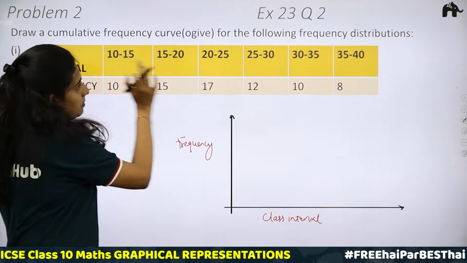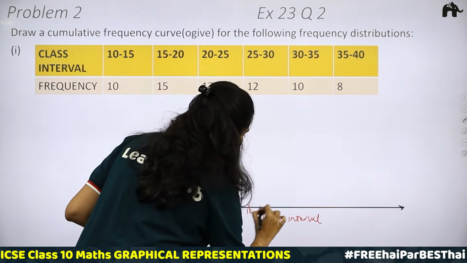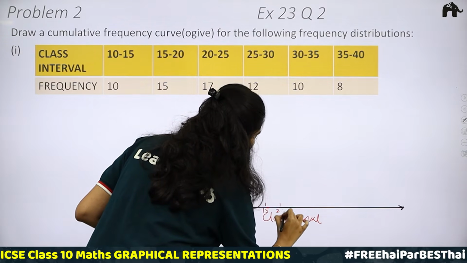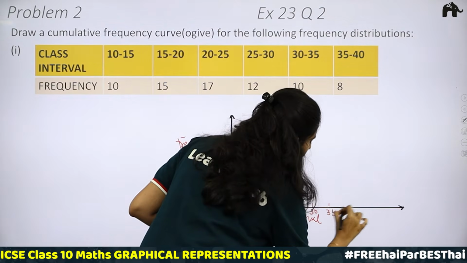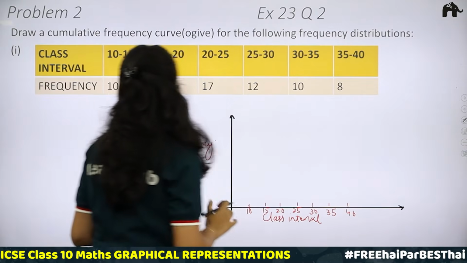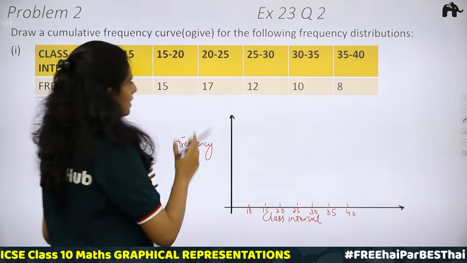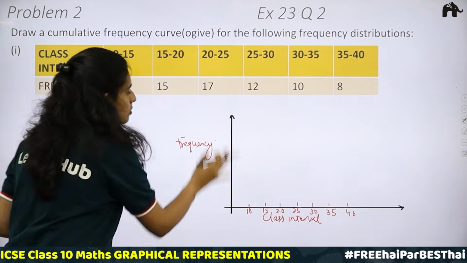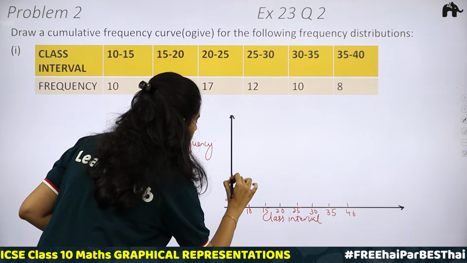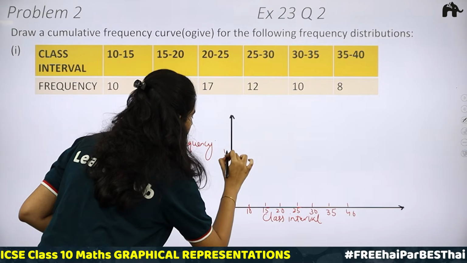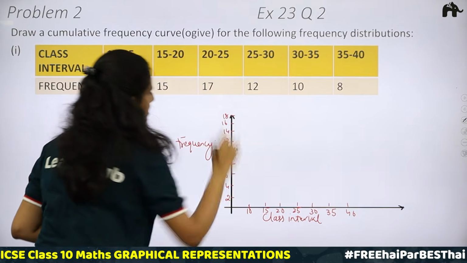It is starting from 10 up to 40, so we will start with 10, 15, 20, 25, 30, 35, 40. Here we have 10, 15, 17, 12, 10 and 8. The highest value is 17, so 17 should be included. Let us take an interval of 2: 2, 4, 6, 8, 10, 12, 14, 16, 18.